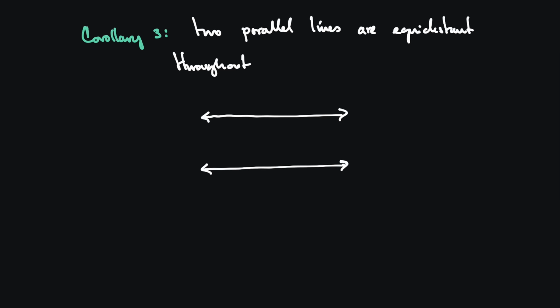What this is saying is basically, imagine that we can draw several perpendicular lines, right? We know that if we have perpendicular lines, these are 90-degree angles.